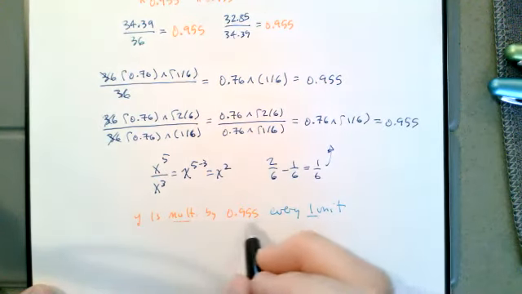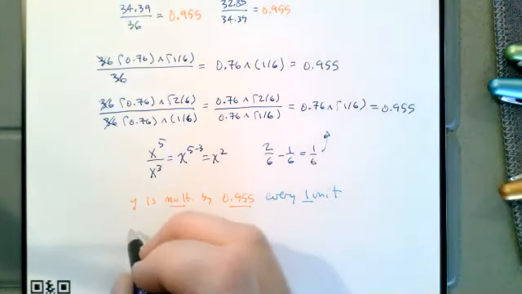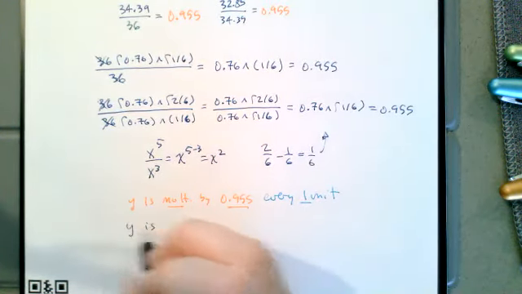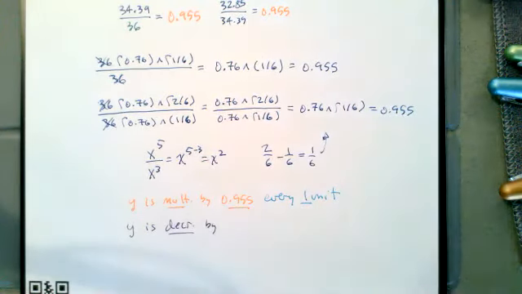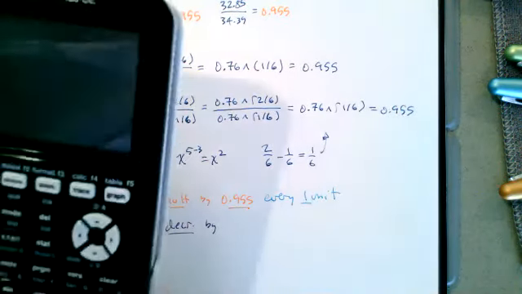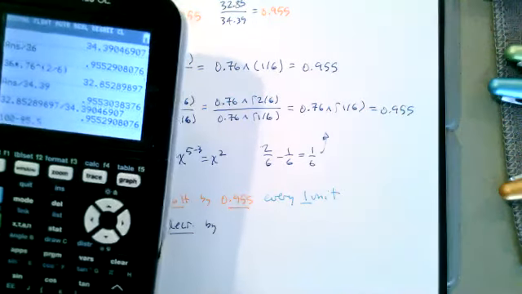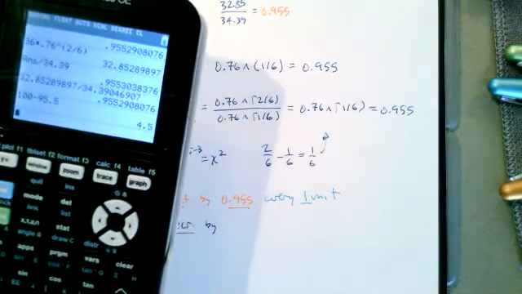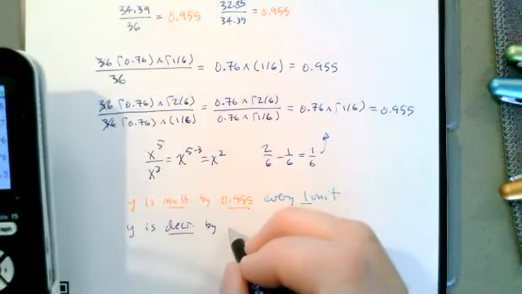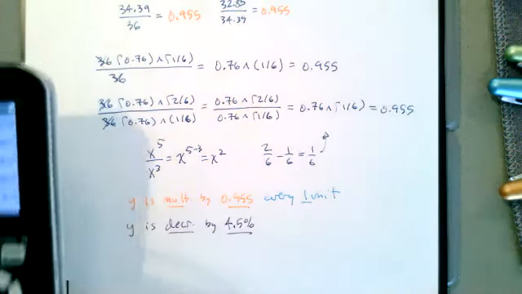a description involving multiplication, I can turn this multiplication description into percent change. I can turn this into y is decreasing by, let's see, I have 95.5, so I'll take 100 and subtract the 95.5, decreasing by 4.5% every 1 unit.